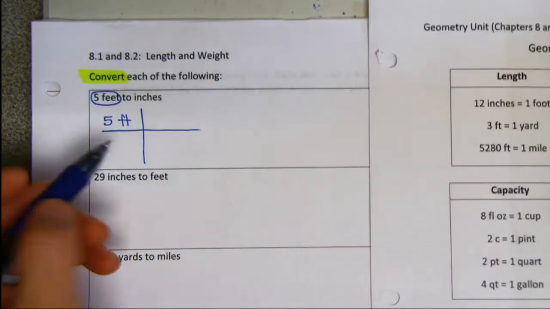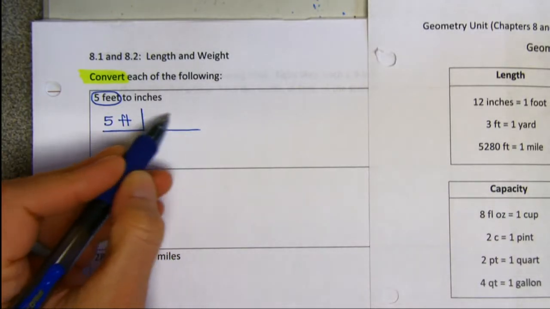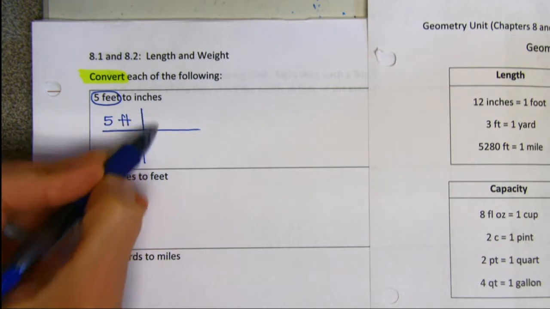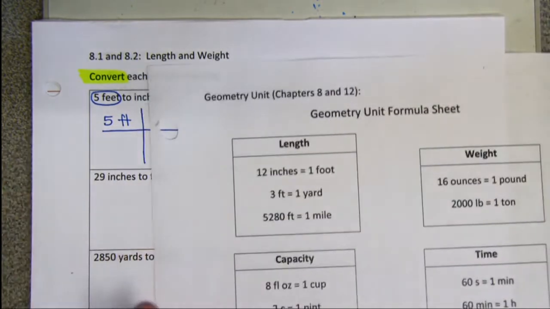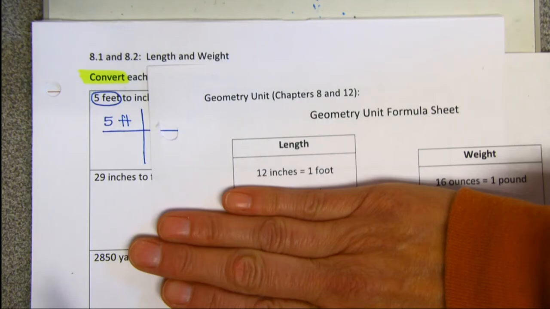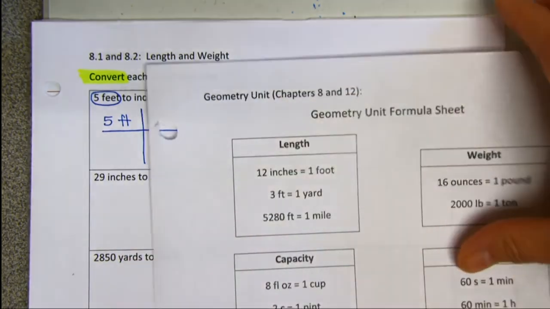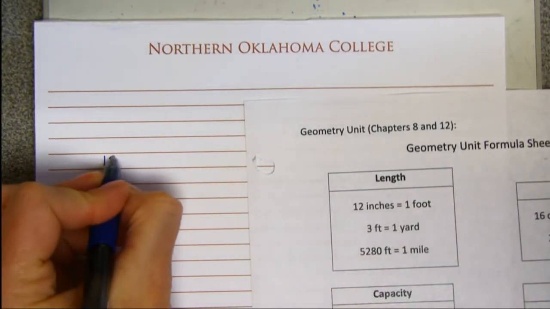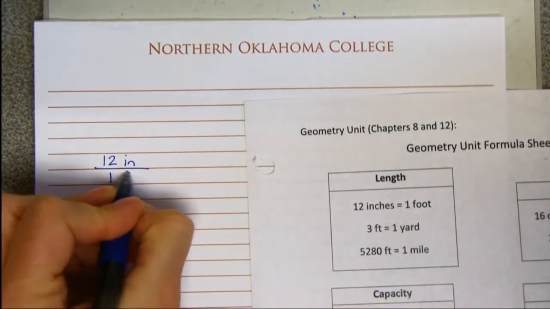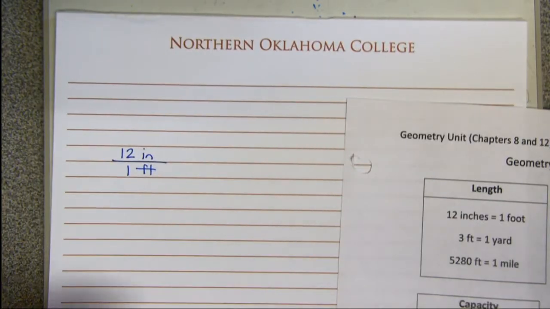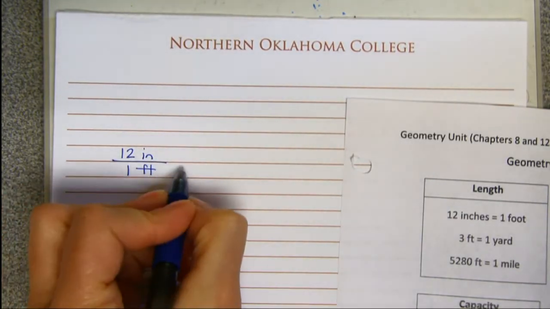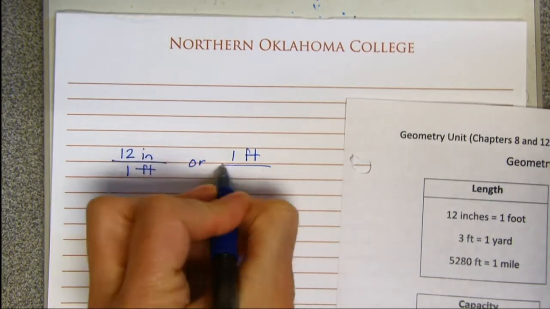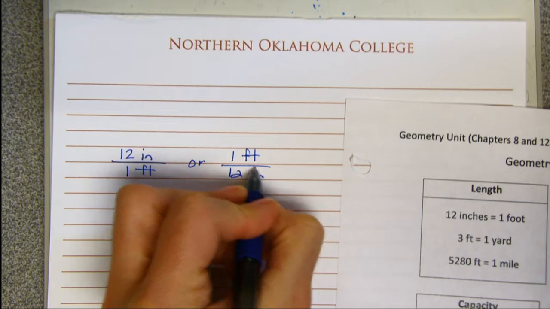Now, what I use here then is either 12 inches over 1 foot or 1 foot over 12 inches. So I'm going to use this unit conversion in fraction form. Let me show you that. What I'm saying is 12 inches over 1 foot, because that is equivalent to 1, or we will use 1 foot over 12 inches.